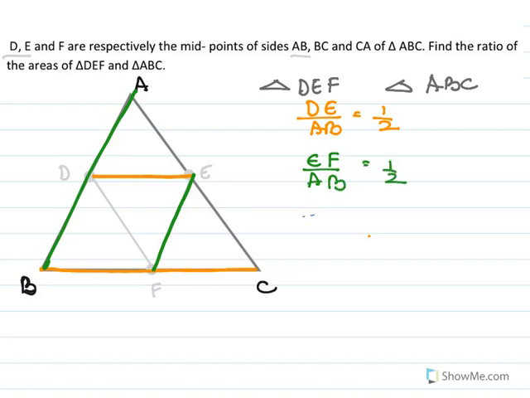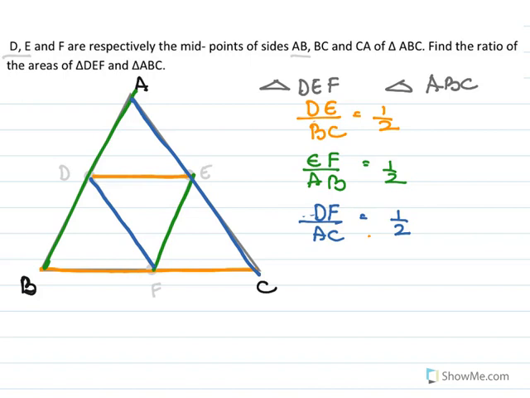Here I made a mistake. This should not be AB. This should be BC. And the last one, we've seen that DF over AC is 1 by 2. We have proved this earlier.